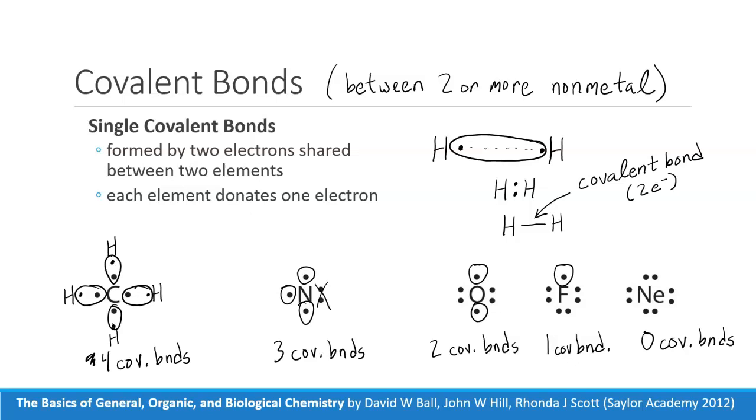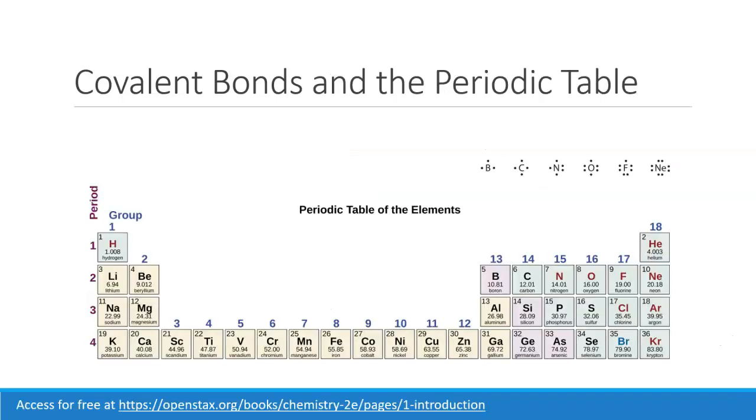Okay, so if you notice, again, this is as we're going across the periodic table. So if we look at the periodic table, carbon is in group 4A, and it forms 4 covalent bonds. And that's true for carbon and silicon below it. Nitrogen formed 3 covalent bonds, and so nitrogen, phosphorus, and sometimes even arsenic, those will all form 3 covalent bonds.